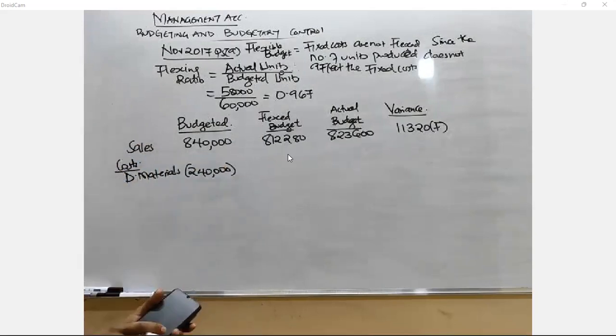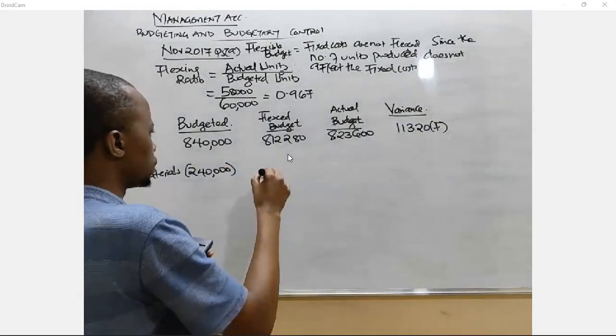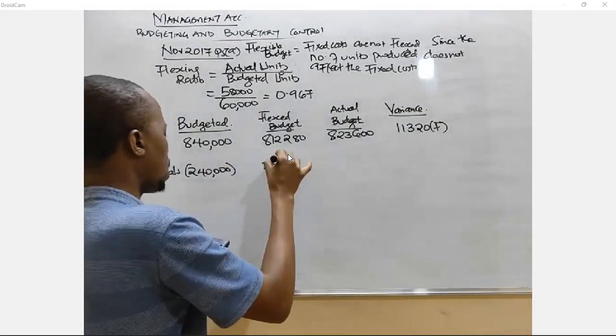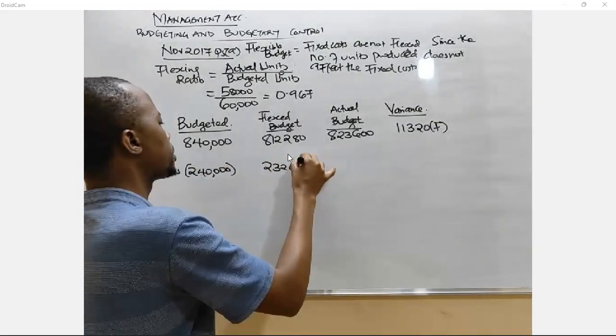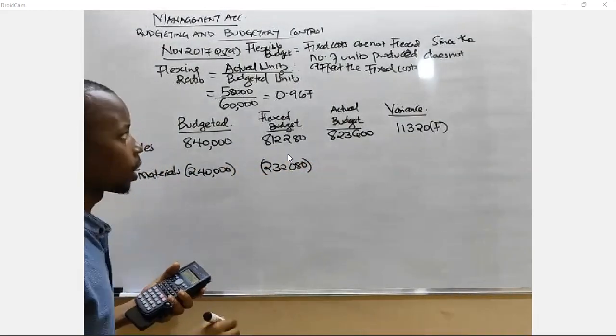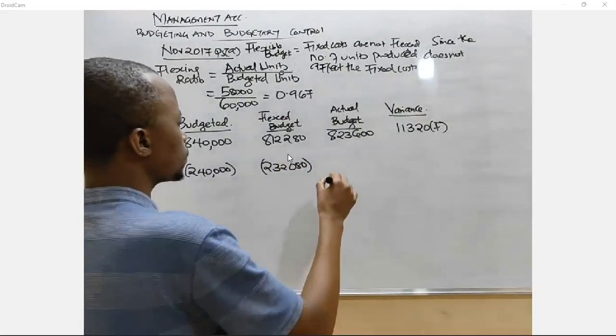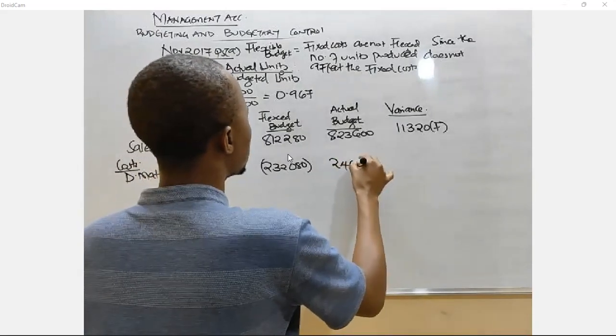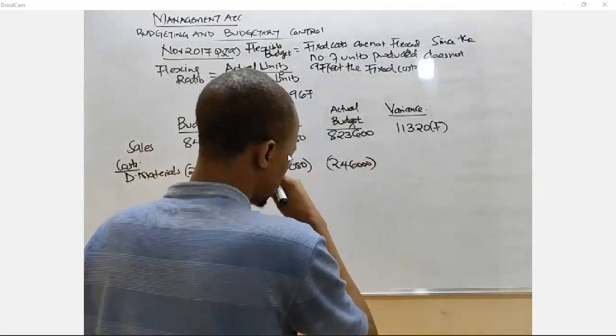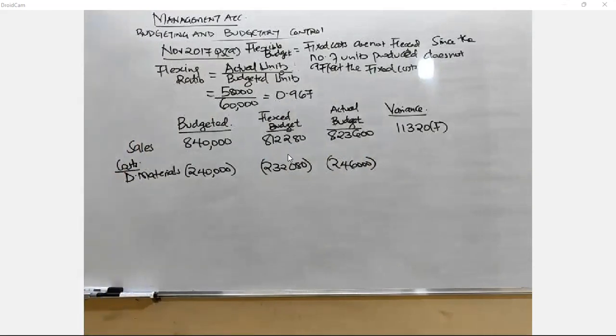When you flex, you multiply 240,000 by 0.967, getting 232,080. What about the actual? For material we have been given 246,000.